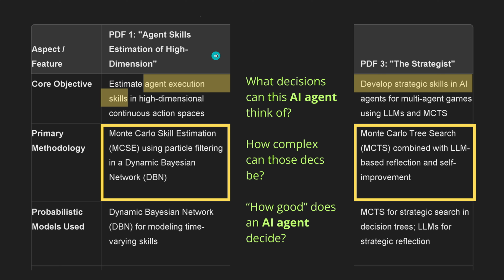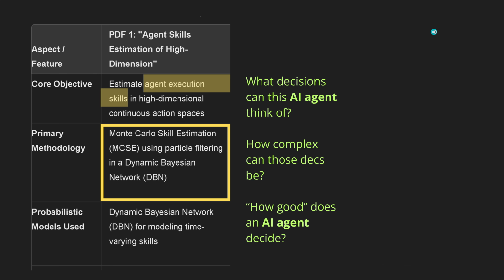We just have a look now, hey, what decisions can this AI agent think of? How complex can those decisions be? How good does an AI agent decide? Given its specific training, given its specific memory that it already executed and has already some evaluation results of its decision. This is now the topic we're gonna have a look.